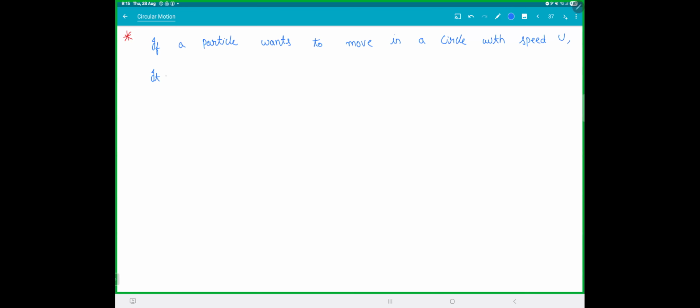This we proved. Remember, you won't get acceleration because you're going in a circle. Because someone is giving you acceleration, you start going in a circle. It needs to have acceleration u square by r. Now, acceleration will not come just like that. This acceleration has to be provided by some force.